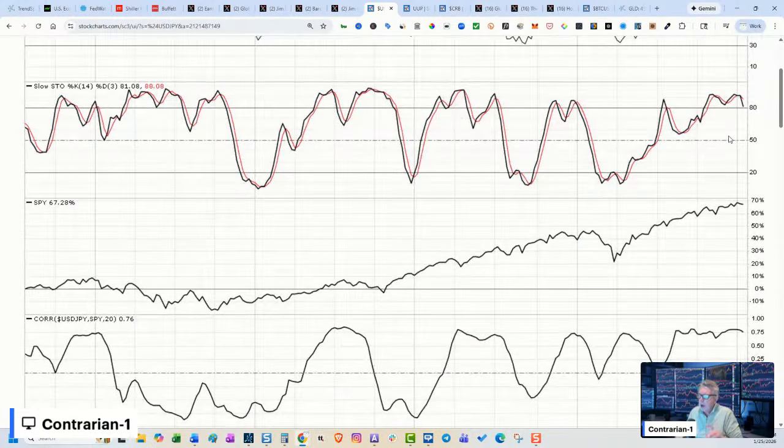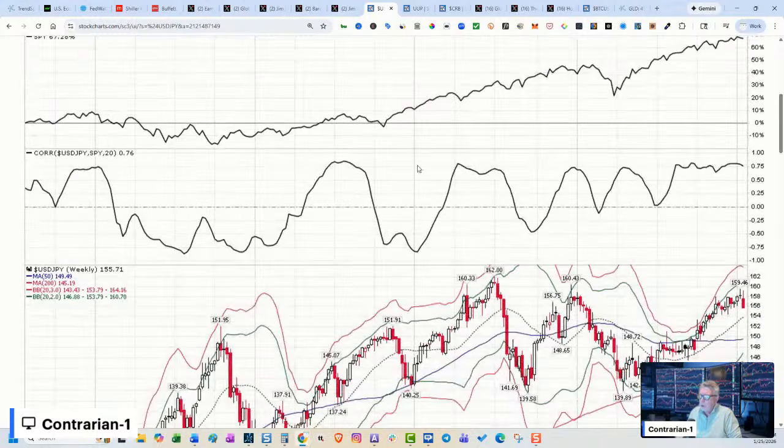The thing to keep in mind is that the correlation between the US dollar and the Japanese yen and the S&P 500, they trade up together 76% of the time. Think about it. So if the US dollar, Japanese yen trade goes down, that's going to have an impact on equities. And again, you're seeing that tonight. The Japanese yen moved up, dollar moved down. You're seeing this chart right now in real time and the impact that it's having on equities.